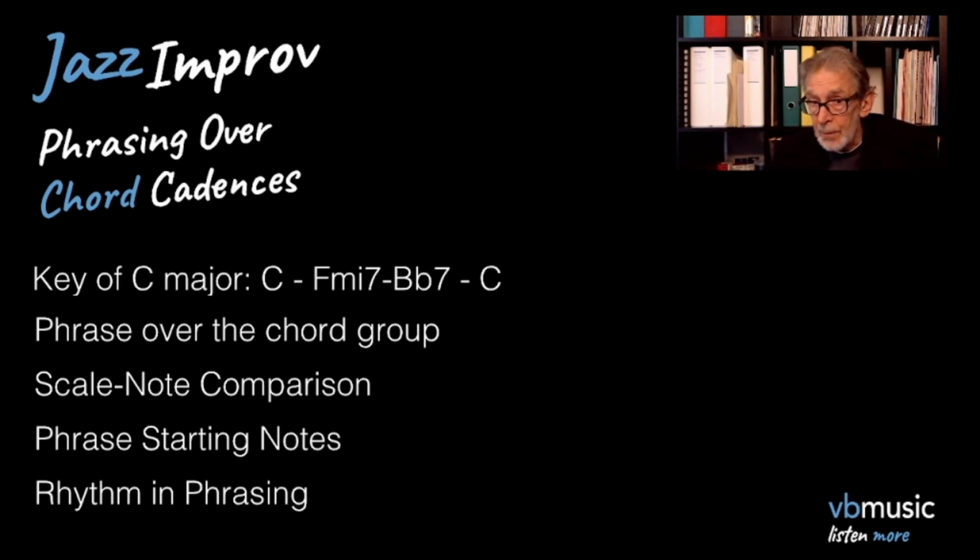It's a common device in music, repeating a motif and then making the correct adjustments if your harmony changes. So we went from that, where everything's in the C scale, but when we go to F minor 7, B flat 7, we need to make some adjustments. E flat instead of E. That's the only change that really happens.